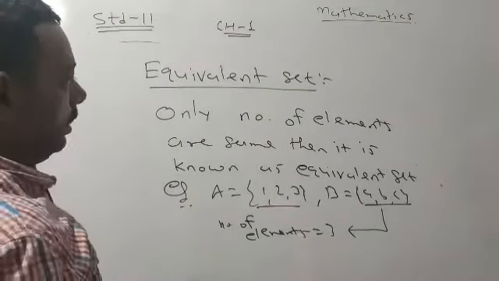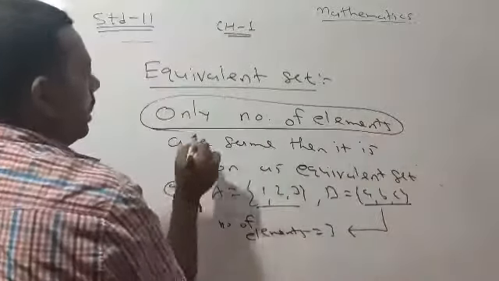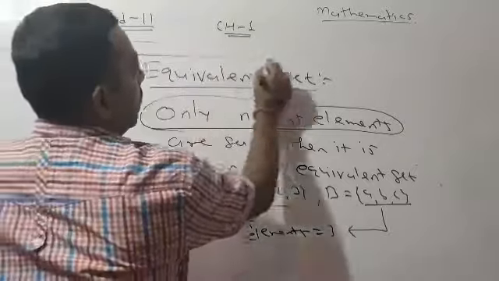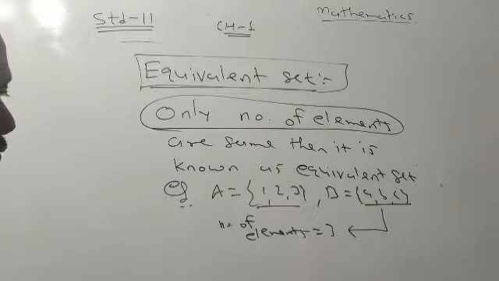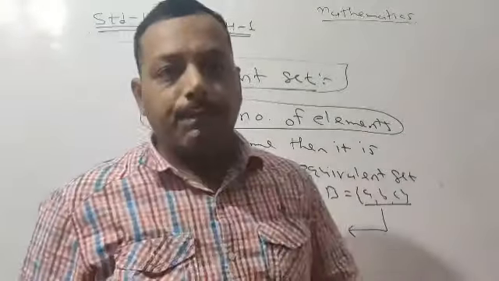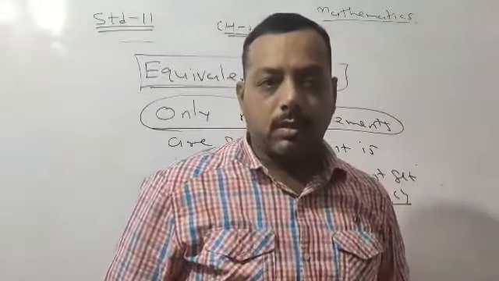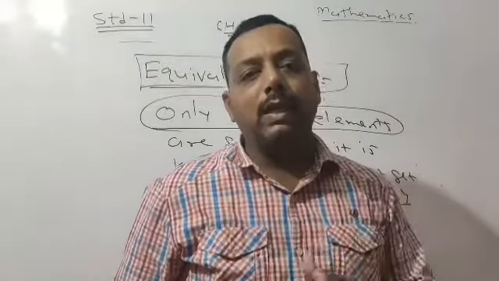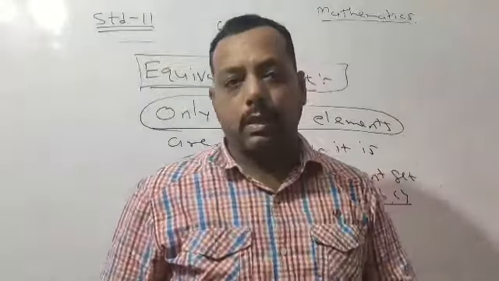It means if only the number of elements are equal, then that set is known as equivalent set. So there is one general statement that every equal set is equivalent set, but every equivalent set is not equal set.